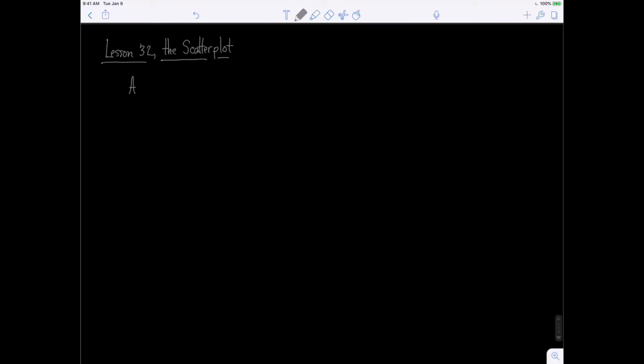It's a graph that represents when data gives two related values.